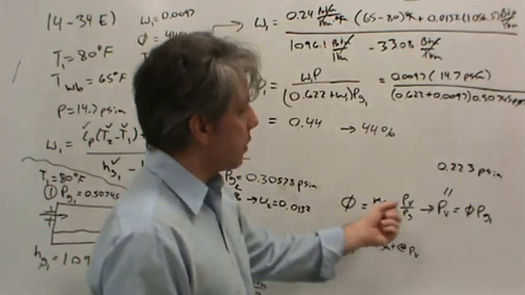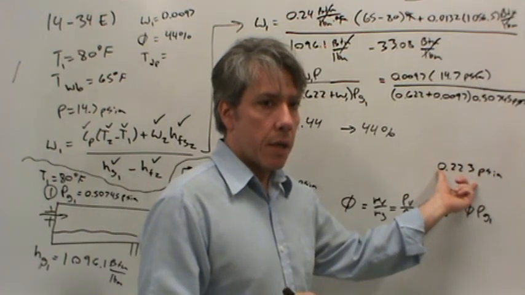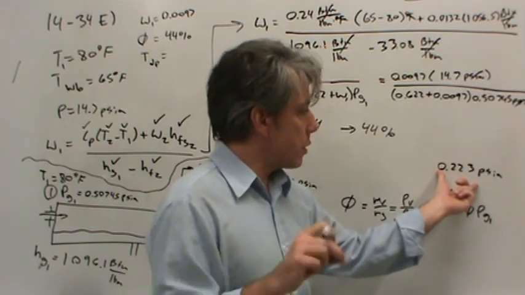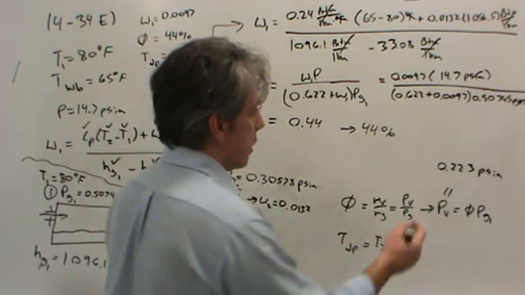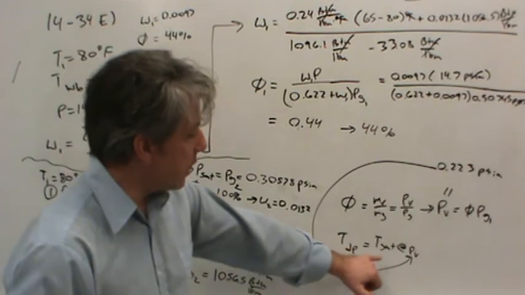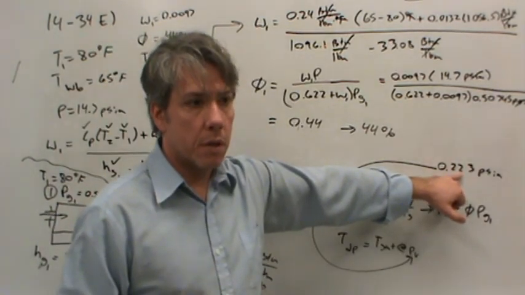Well, now what we need to do is say if there's this much water in the air, then at what temperature will it start to fall out? It'll start to fall out when this is the saturation pressure. So now, this is the PV that goes in here. Now we need to find a saturation temperature that goes with that saturation pressure. Okay?